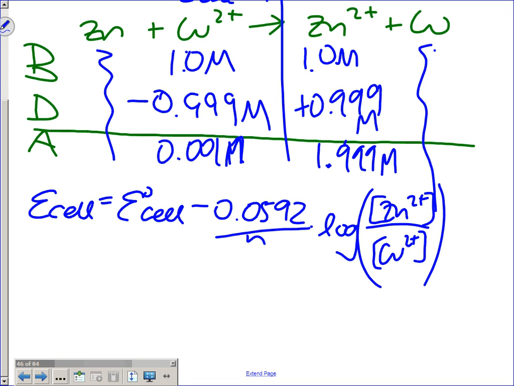And both of these, remember with equilibrium, you use your coefficients as exponents. So those are both to the first power. I'm just making sure you know that because later I'm doing a non-1-to-1-to-1 ratio one. Okay, so that's your general setup. You're doing products over reactants. We ignore the solids. So E cell equals 1.10 volts.